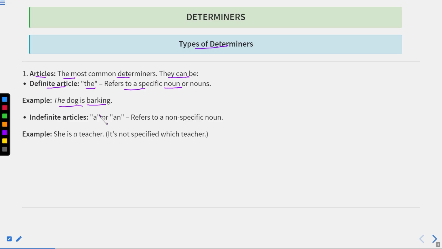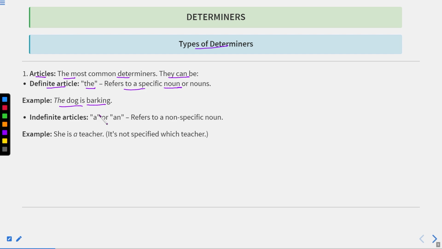Now, we have two types of articles. One is the definite article, that is the, which always shows the uniqueness of a noun, and whenever we want to make a noun particular or specific, we use the before it. For example, if I say the dog is barking, it means I'm referring to a particular dog only.